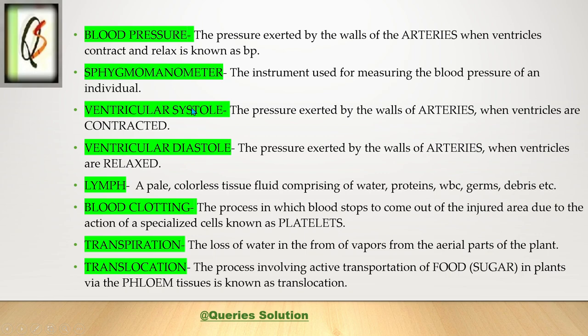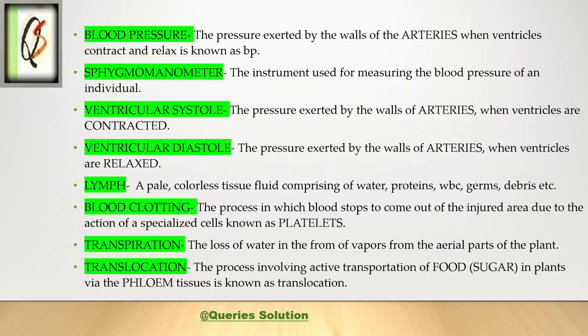So first of all, what does systole mean? Systole means contraction. Be clear on that. Systole means contraction and diastole means relaxation. And whose contraction and relaxation are we talking about? We are talking about the contraction and relaxation of the ventricles of the heart.